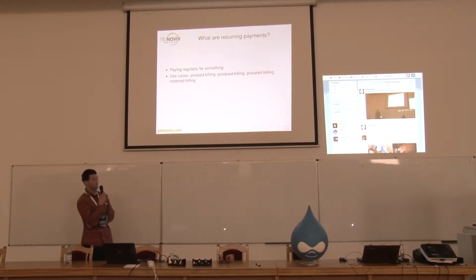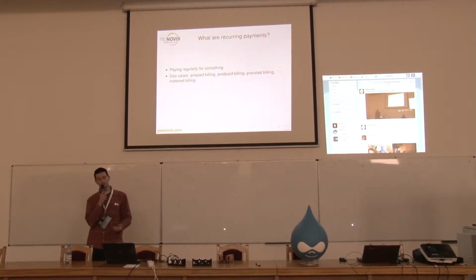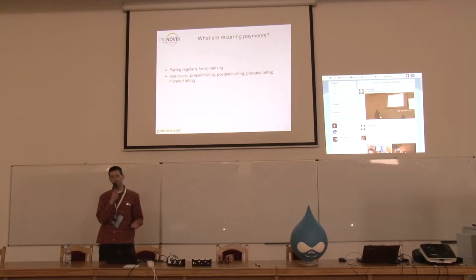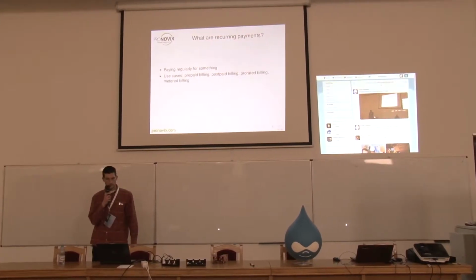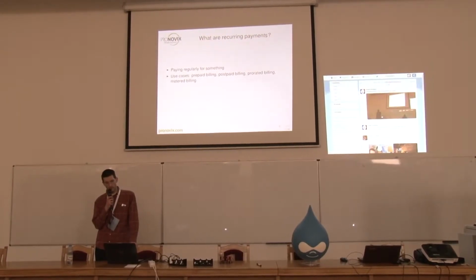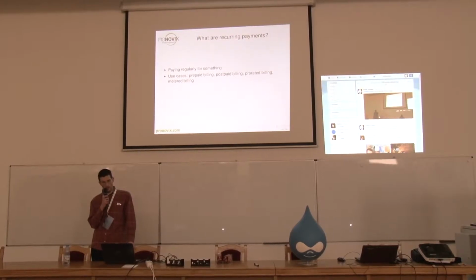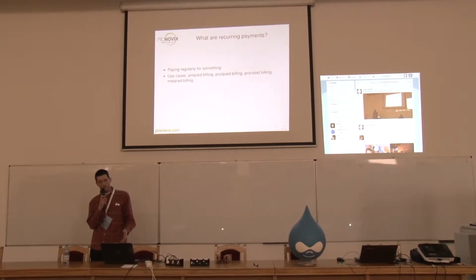And there are many kinds of recurring payments. Like there is prepaid billing, where you, as a customer, pay in advance for that resource. You can do post-paid billing, where the customer pays afterwards. You can do prorated billing.